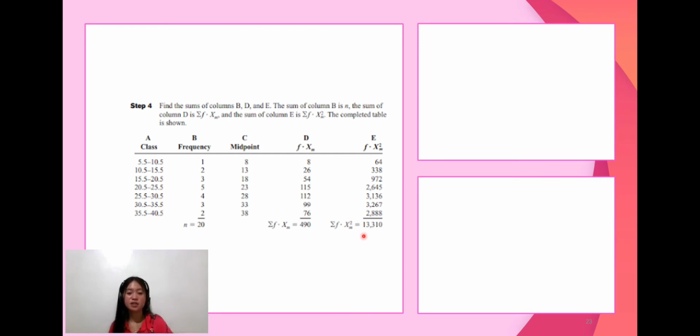Then we sum up column E, which equals 13,310.